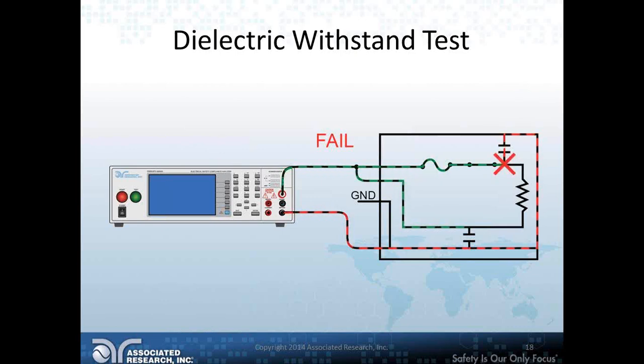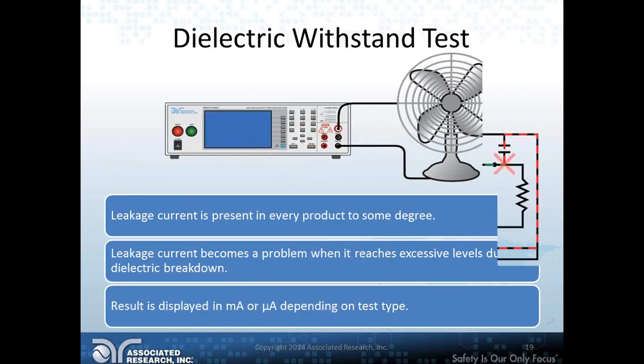Basically, this is showing a breakdown condition, and during a breakdown, the insulation has fallen apart due to the application of such a high voltage, and excessive leakage current is flowing on the chassis of the product, hence putting the operator under the risk of a shock hazard. So this condition is showing a breakdown condition during a high-power test.